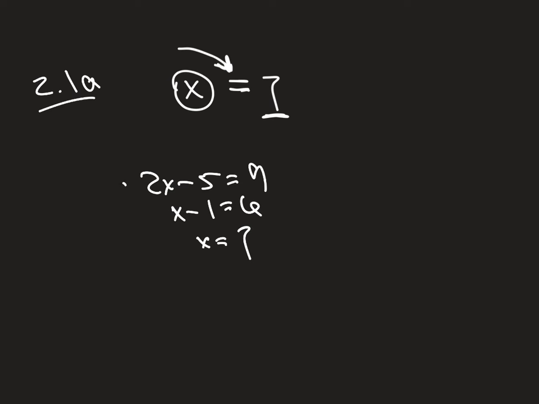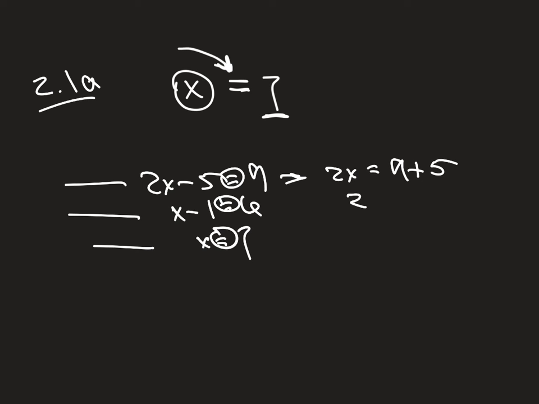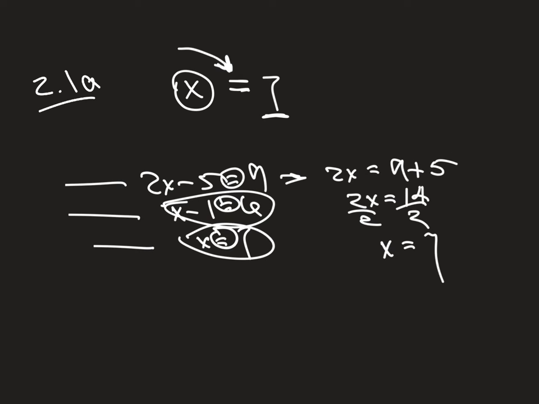These are all equivalent equations because they all have the solution 7. So for instance, this would be 2x equals 9 plus 5, 2x equals 14. Divide by 2, x equals 7. Same is true with this one, and obviously x equals 7. So those are equivalent equations.